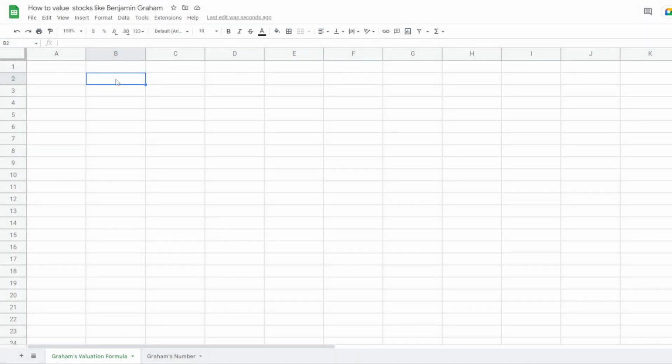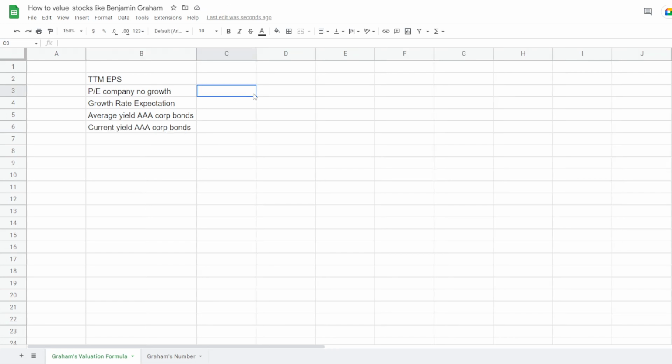Benjamin Graham uses a number of metrics to determine the intrinsic value when using his formula. These metrics are the trailing 12 months earnings per share, the PE of a company with no growth, the growth rate expectation, the average yield of AAA corporate bonds, and the current yield of AAA corporate bonds.